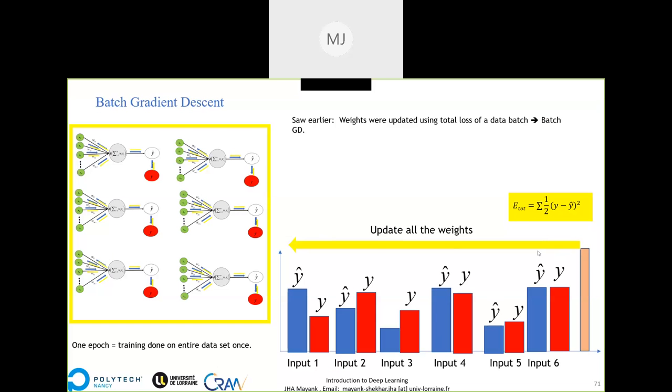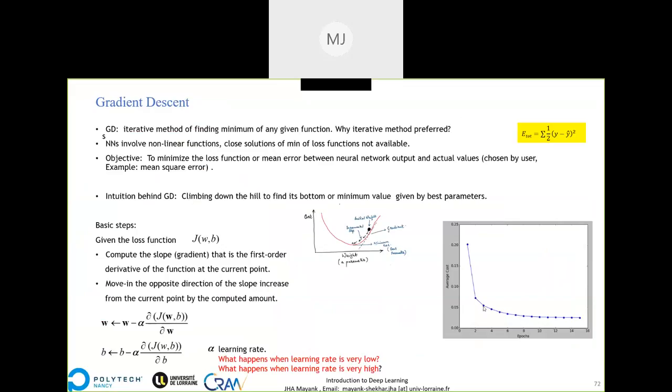You do another time, update all the weights using the total loss, which is a full batch update, and it decreases. Third epoch, decreases. Fourth, fifth, eighth, 10th full batch update. And by the 16th, you see that your loss is not changing at all. When your loss is not changing at all, it means the weights have reached saturation, they have tuned themselves, which means they have learned, they have reached the optimal values given the inputs and outputs.